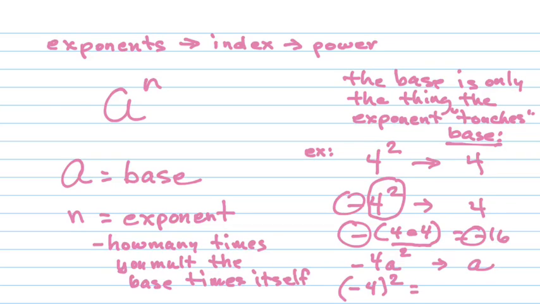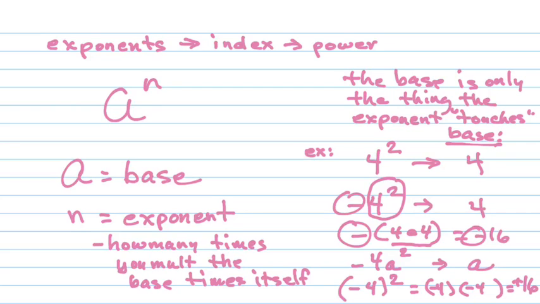Okay? So, yes, the negative 4 is what you're going to multiply together, but the base is actually the bracket itself. So you just take the bracket times itself. So the negative 4 inside follows along. Negative times a negative is a positive. Do you have to write the positive? No, but I'm going to always on the notes just for effect. And 4 times 4, of course, is 16.